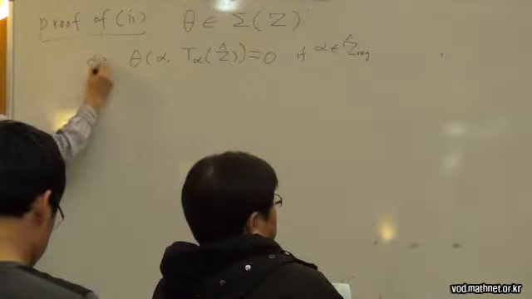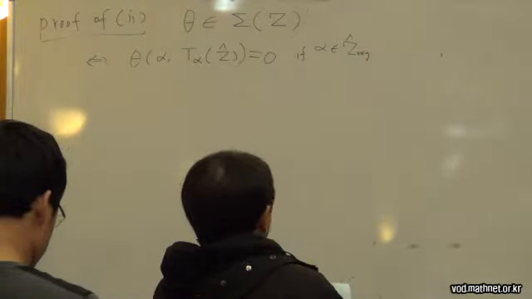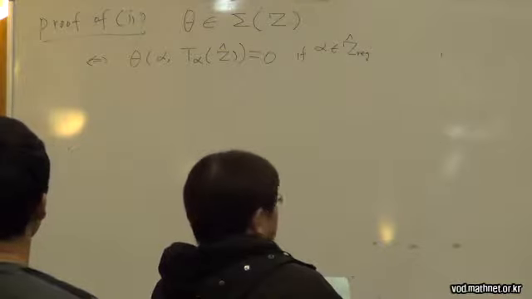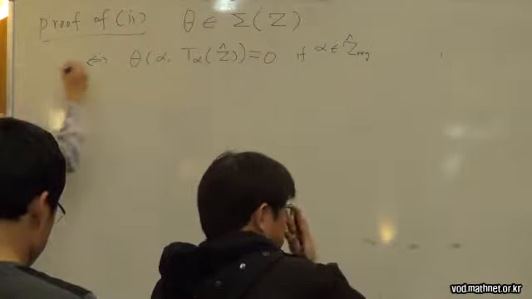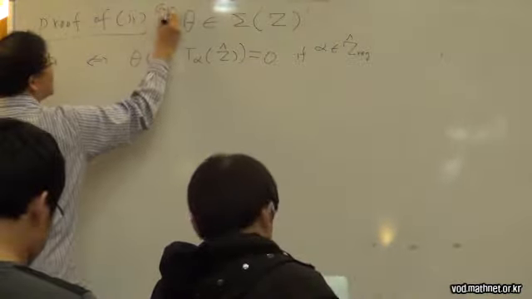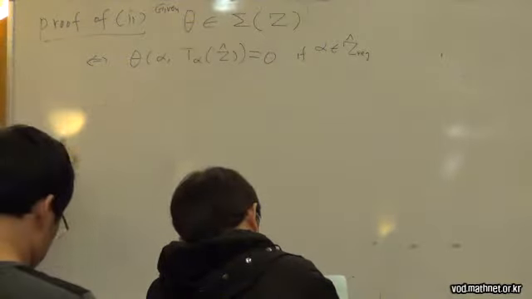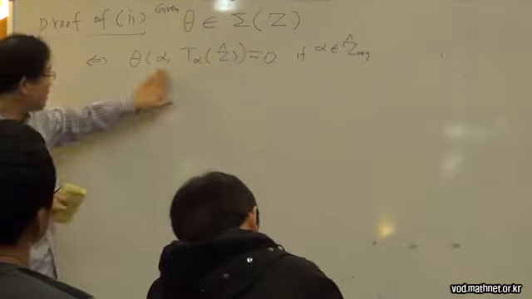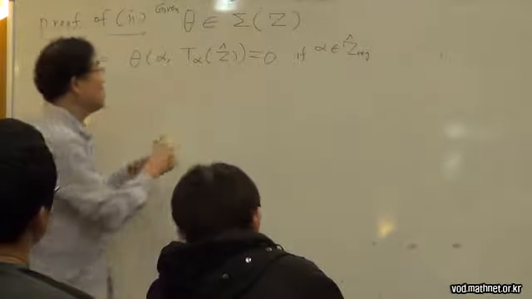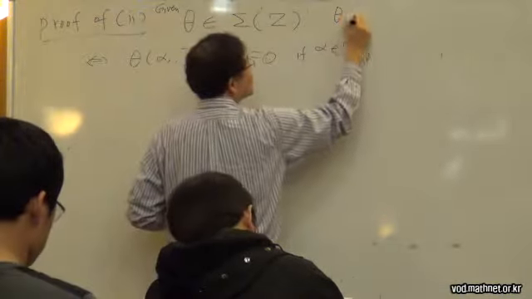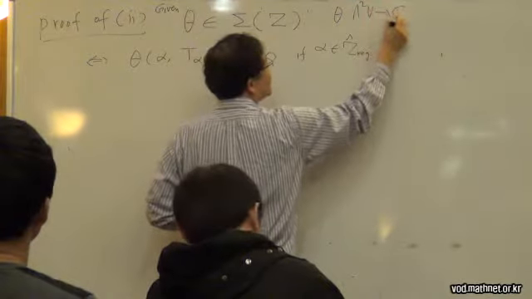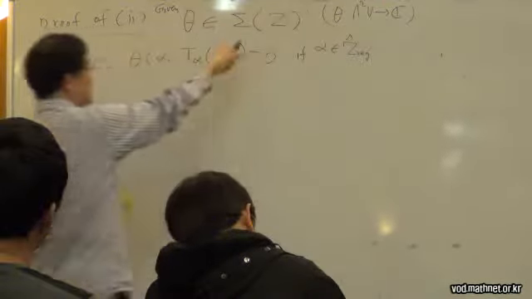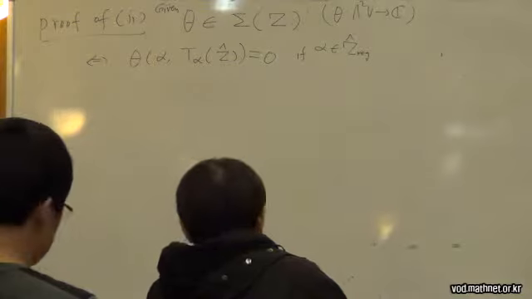That's the definition. And theta is a two-form with this property. We want to show that this theta is 0. That's what we want to show. So let's recall that theta is just a two-form satisfying this, and we want to show it's 0.